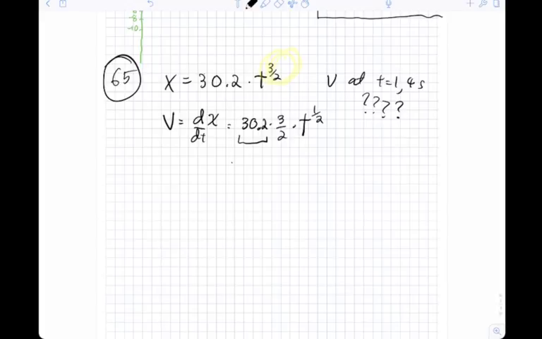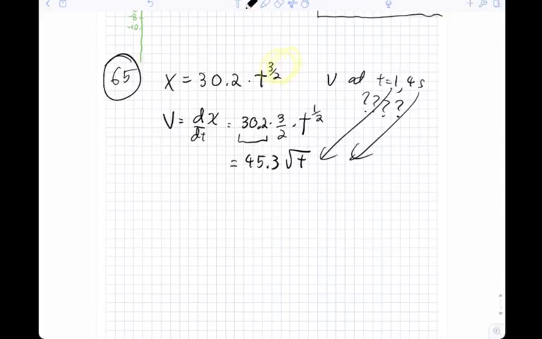Let me rewrite this a little bit nicer. Calculon, don't fail me now. 30.2 divided by 2 times 3 is 45.3 times square root t. And now I'm going to evaluate at the times. So the first one is 45.3 times square root of 1, which is 45.3.